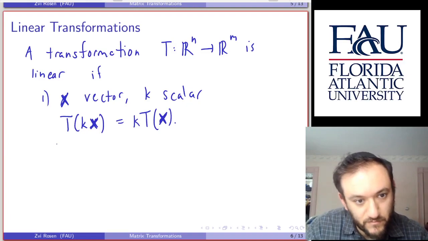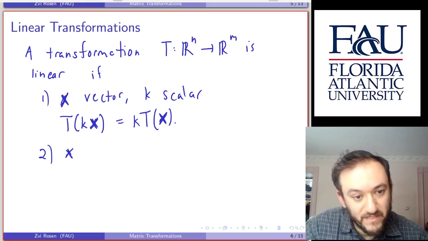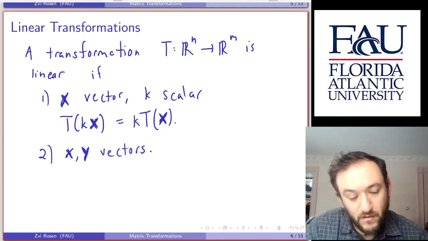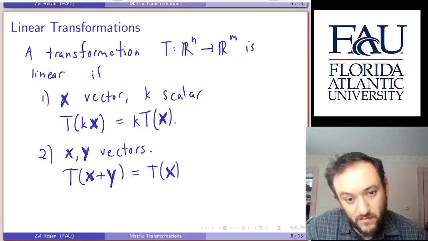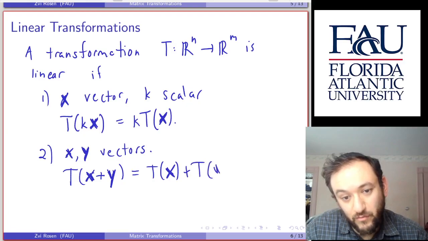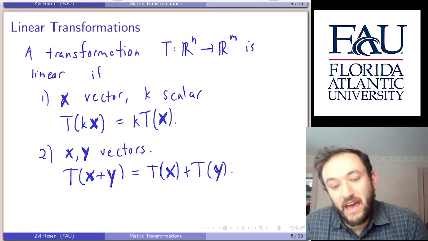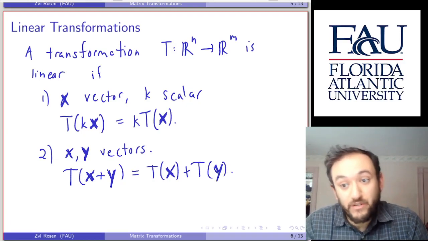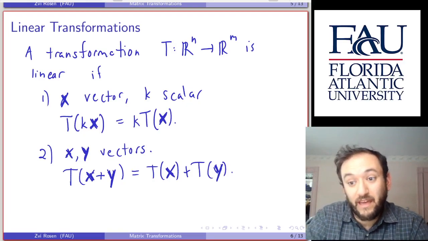Okay, and the other property that we would really like to have is if we have 2 vectors, x and y, then T of x plus y will be equal to T of x plus T of y. This is saying that I can add the inputs together and then do the transformation, or I can do the transformation on both separately and then add them on the other side. And that'll give me the same result.